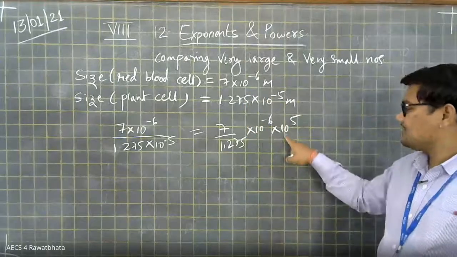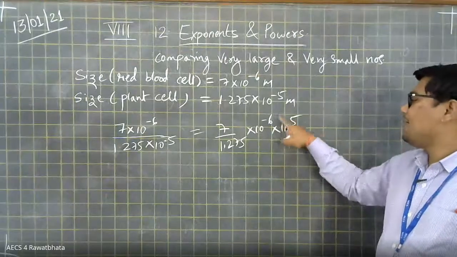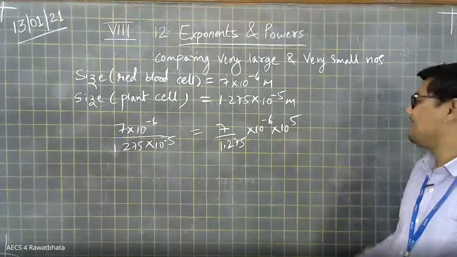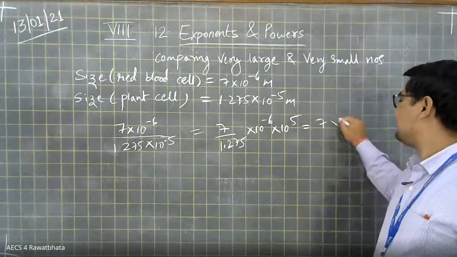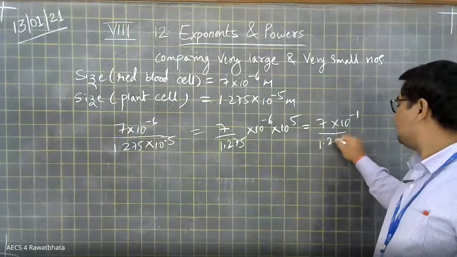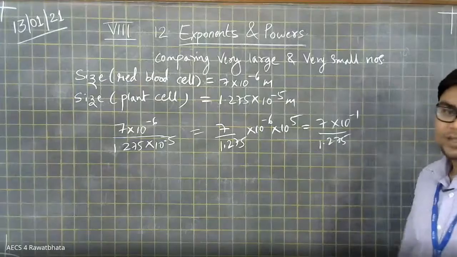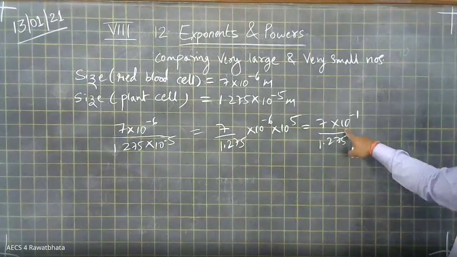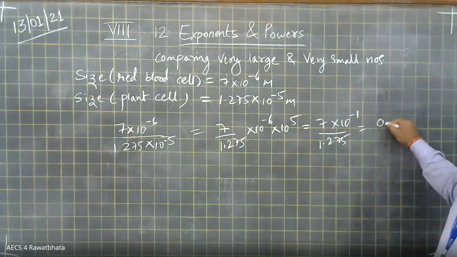Here bases are same, so we have to add the powers. When we add minus 6 and 5, we get minus 1. So this can be written as 7 into 10 to the power minus 1 upon 1.275.